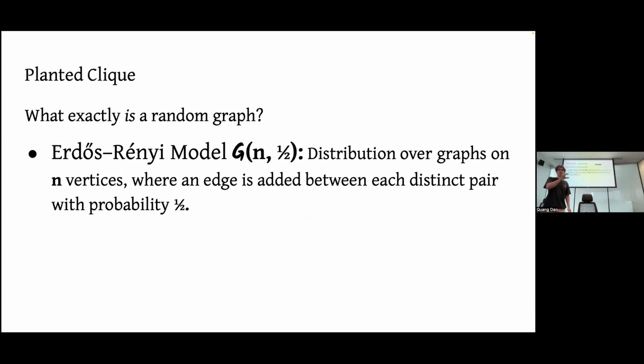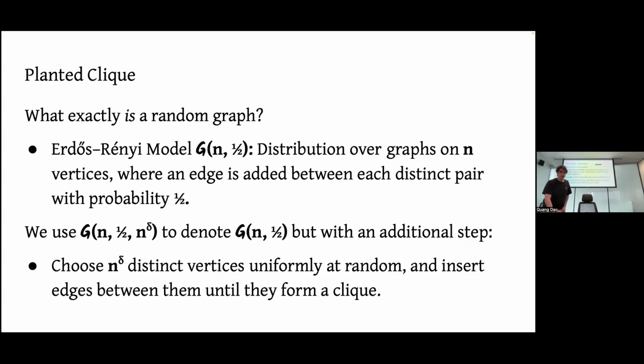If it's tails, you don't put an edge, and you just do that process independently. We'll also use G(n, 1/2) and then the clique size to denote the same distribution, but where we quote unquote plant a clique. I'll refer to this later as the planted Erdős-Rényi distribution. The only difference here is just what I was describing before. We pick a random small subset of the vertices and put all of the missing edges between them.